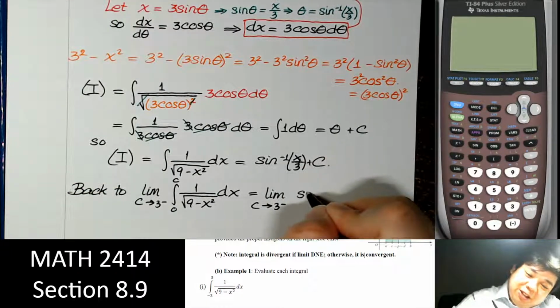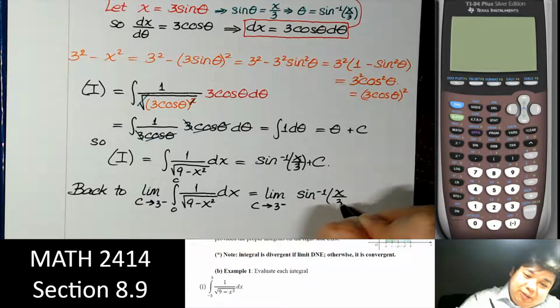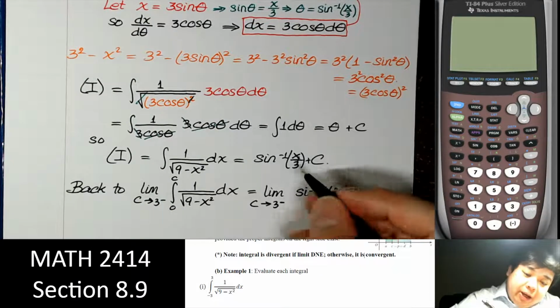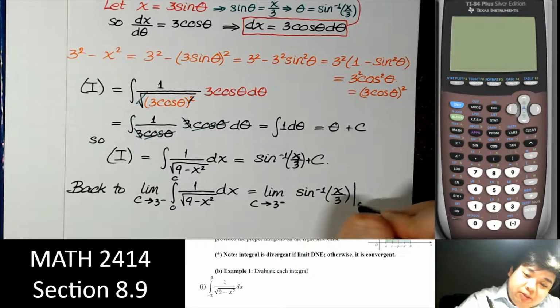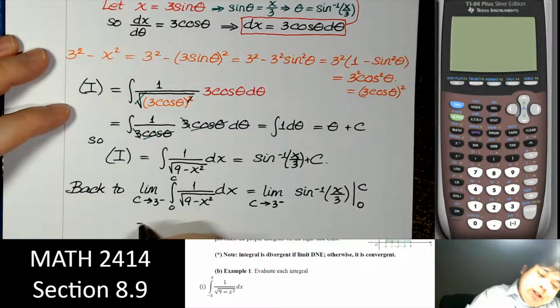Right, so sine inverse of x over 3, and we evaluate from 0 to c. Now put 0 and c into it.